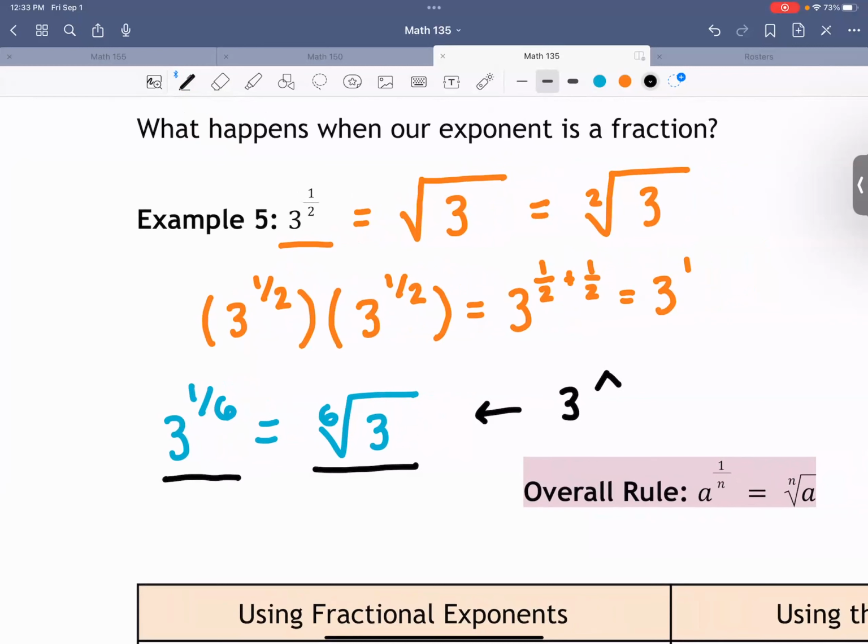Now, when you have fractional exponents, your calculator needs to know where the exponent starts and stops. So you write a parenthesis, 1/6 to show the fraction, and then close the parenthesis. So now your calculator knows there's a fraction in the exponent. I'm not just raising 3 to the power of 1 and then dividing by 6. You're grouping it together so your calculator knows. That's how you would go ahead and do it.